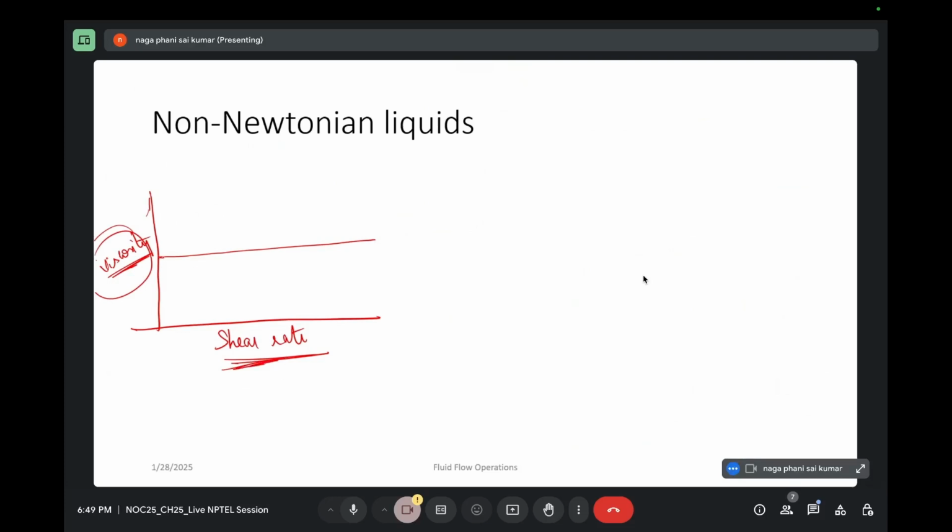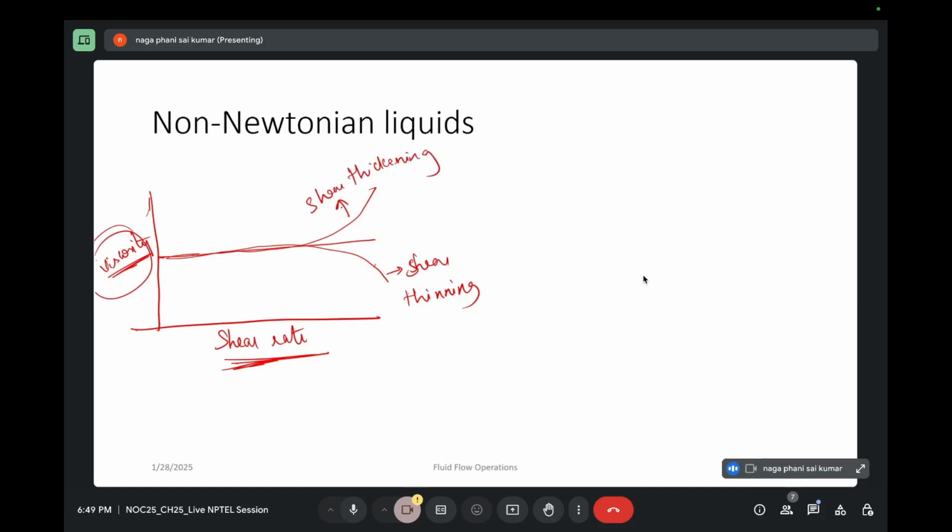For them, you can have two types: one will increase, the other decrease. This is called shear thinning liquids or fluids, because with shear the viscosity is reducing, right? So this is called shear thinning, and this is called shear thickening liquid.